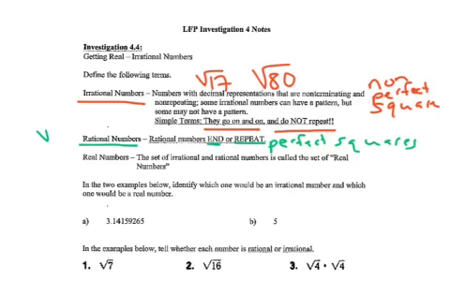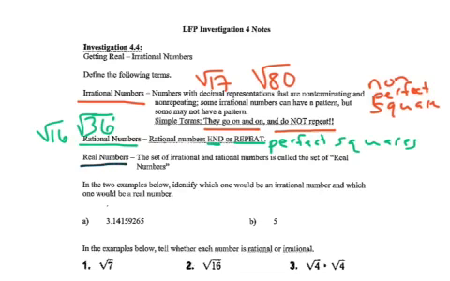So think back. The square root of 16 is rational because the square root of 16 is just 4. 4 is a whole number, it terminates. Also, the square root of 36 is rational because the square root of 36 is 6, and that is just a whole number.